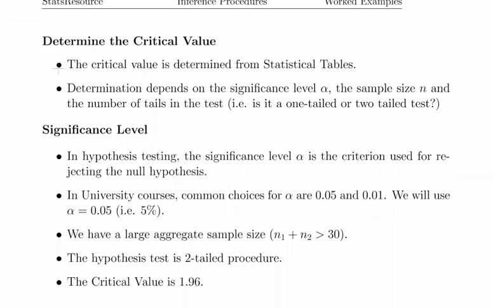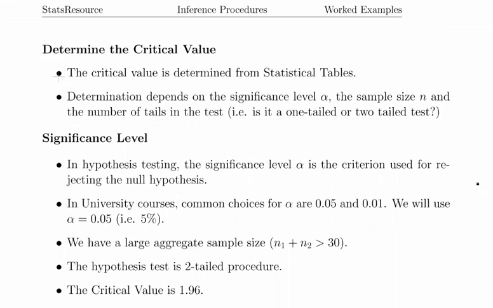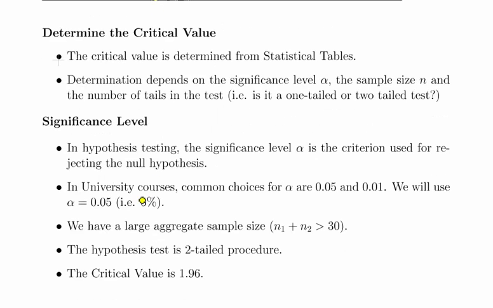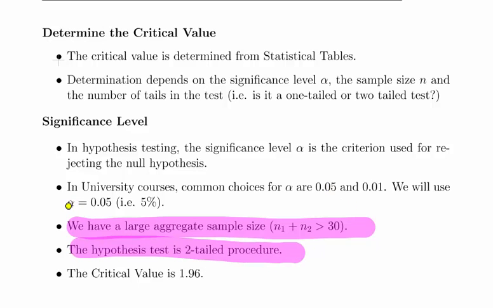That's our test statistic. Now, I won't spend too much time on this, but the key things here are that we have a very large sample size, it's a two-tailed procedure, and we're going to use a significance level of 5%. So in that case, our critical value is going to be 1.96. Okay?